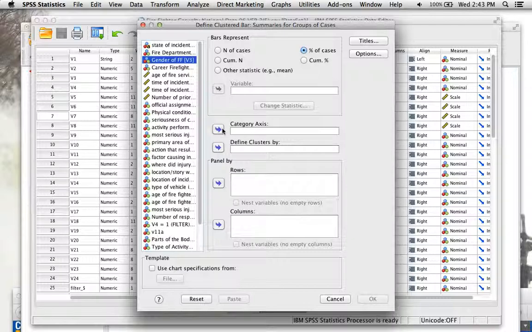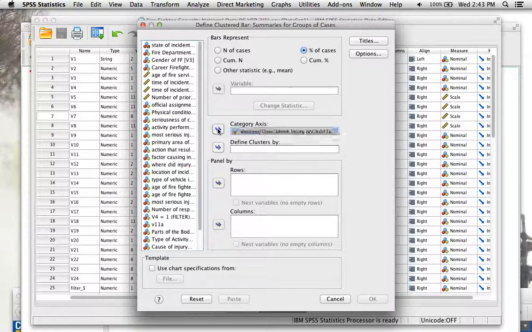So your category axis is going to be your management problem. It's going to be the specific problem that you're interested in describing in item 1 of your assignment. So in my case, it would be location or story where the injury occurred.